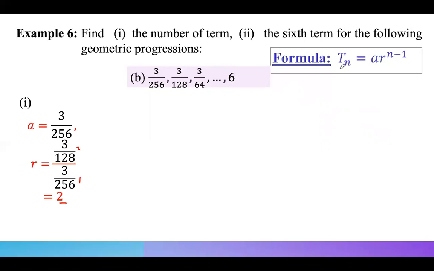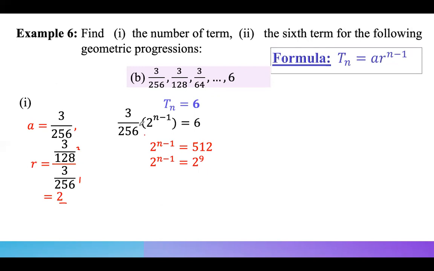Then we apply into the formula. Tn equals 6, so substitute: 3 over 256 times 2^(n-1) equals 6. Then you cross multiply: 6 times 256 divided by 3, and you get 512, which you write using index as 2 to the power of 9.